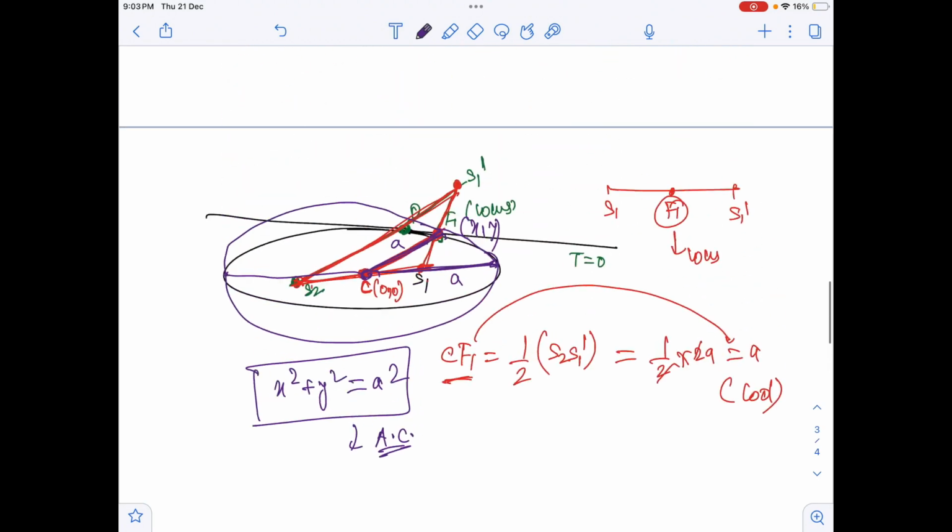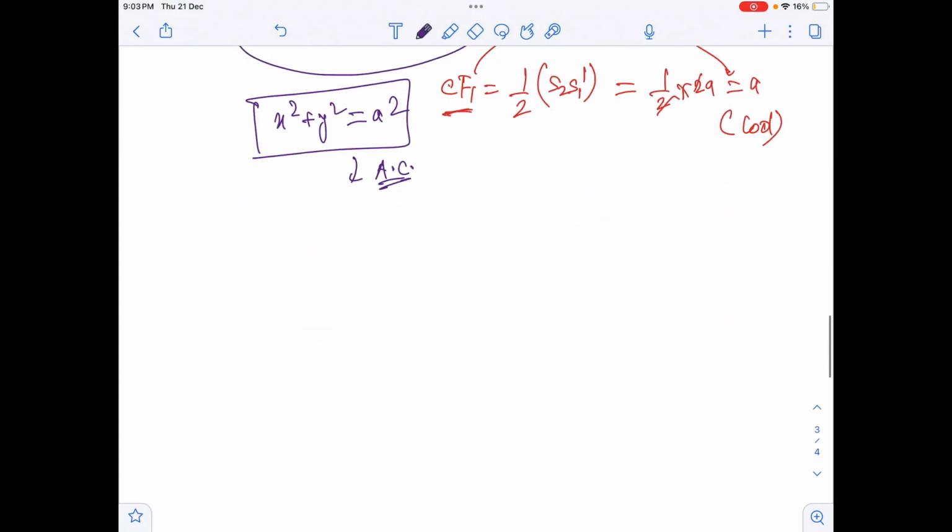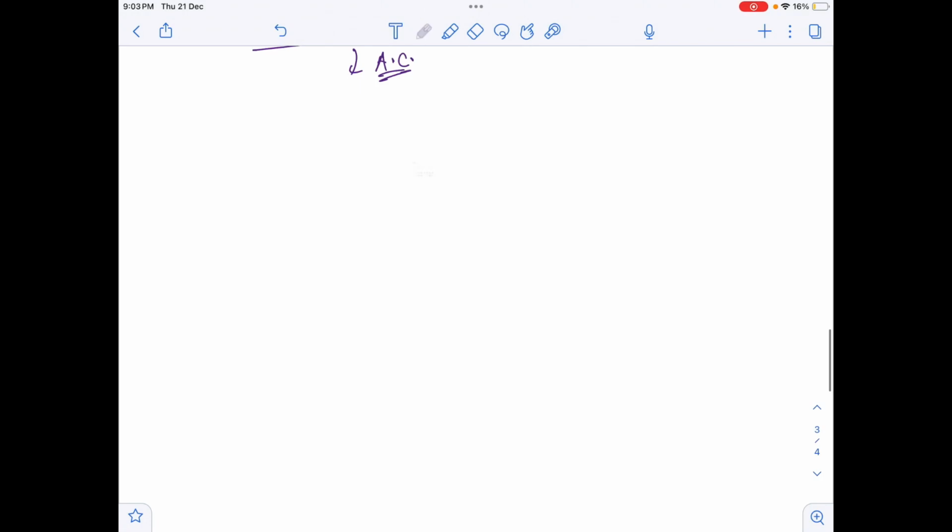Okay, one more result. The consequence of this result which I'll be using is that not only does the foot of perpendicular drawn from any focus lie on the auxiliary circle, but also the product of the feet of perpendiculars will be b square.